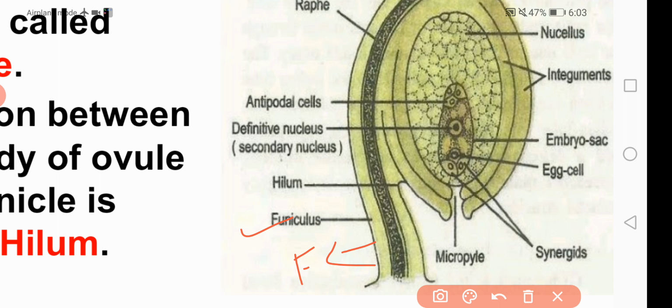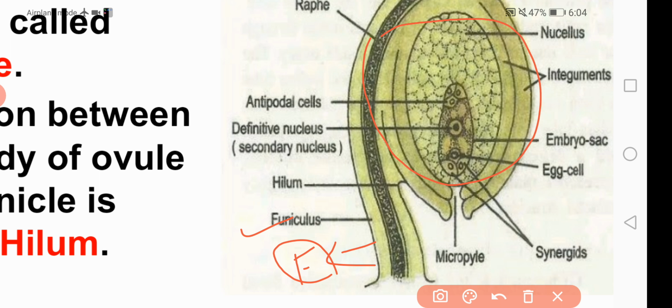Now the ovule mainly contains two portions, the stalk portion as well as the main body. The stalk portion is called the funicle, right? This entire portion is the main body of the ovule. Am I clear?